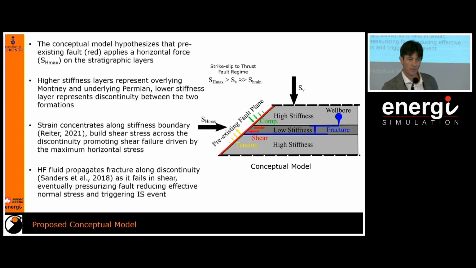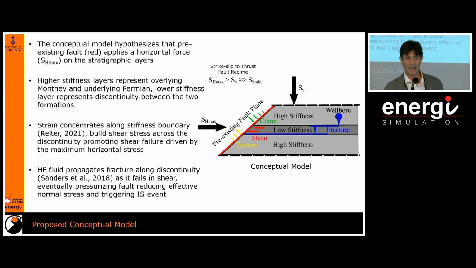Now, what we think, and what we developed as a conceptual model, is that you can think of the Montney formation as a lower stiffness material that is sandwiched between higher stiffness formations, the basement and the formation above.